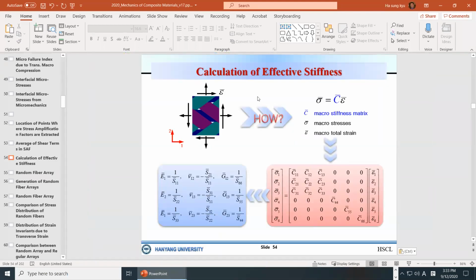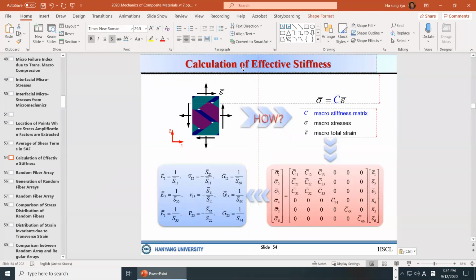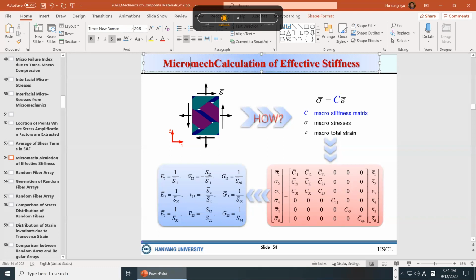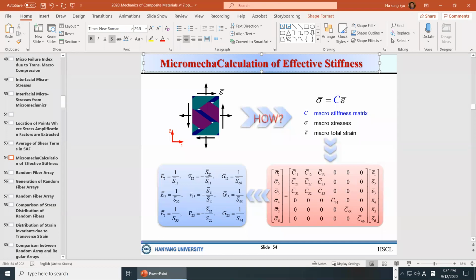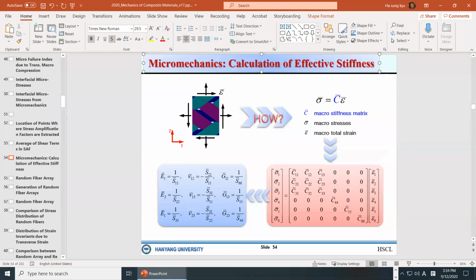Another important role of micromechanics is the calculation of effective stiffness or homogenized property.